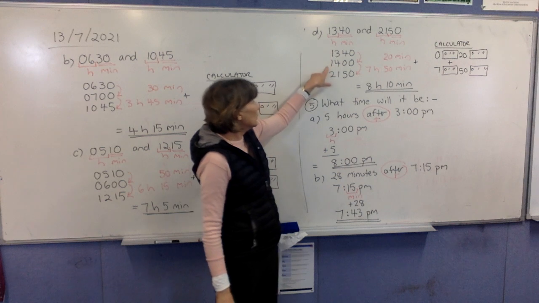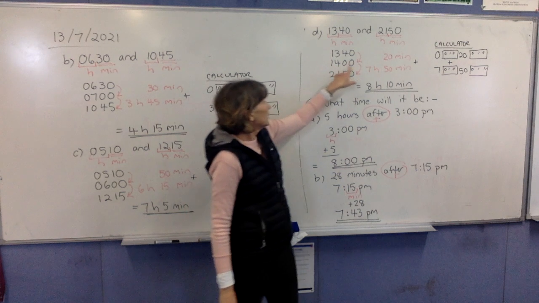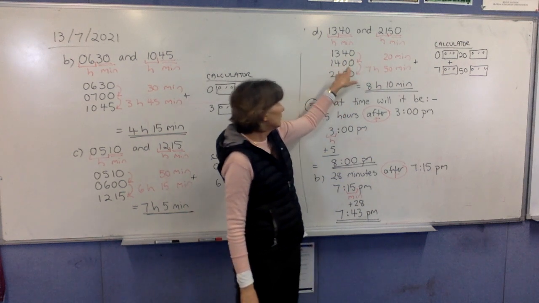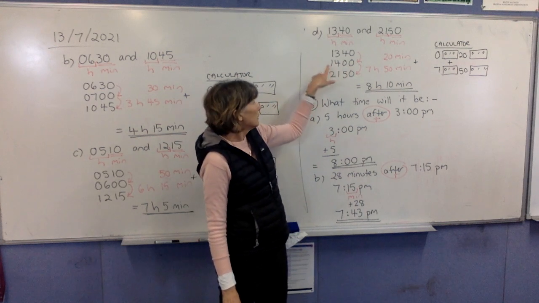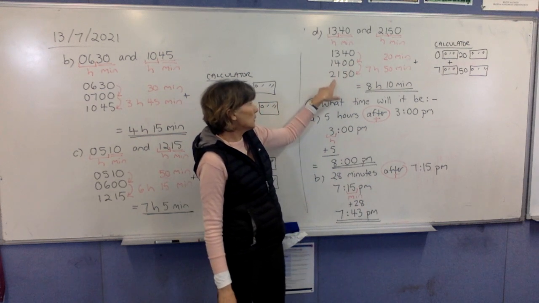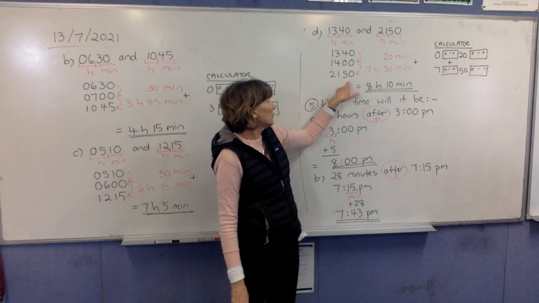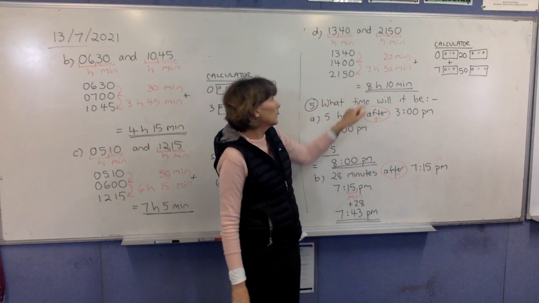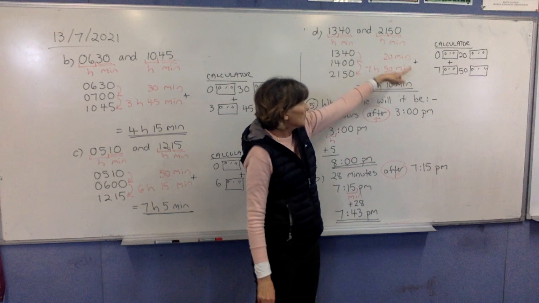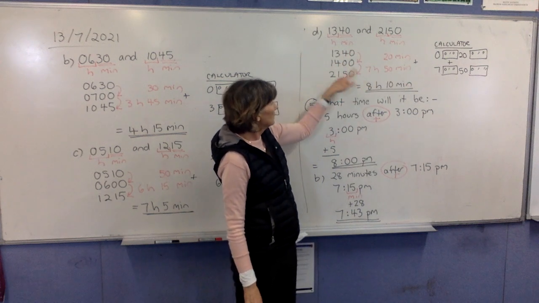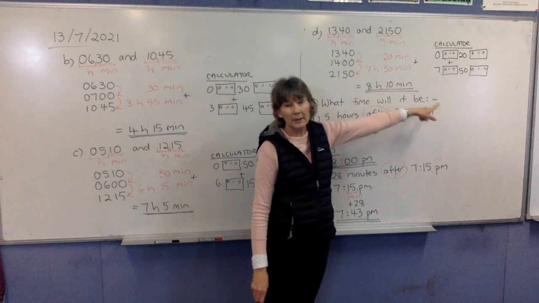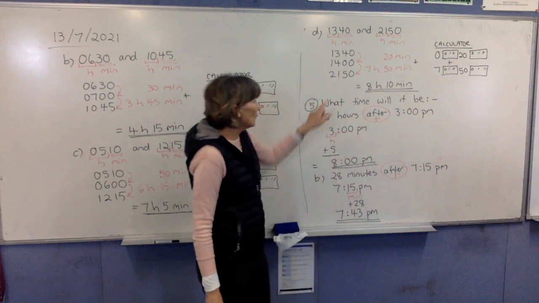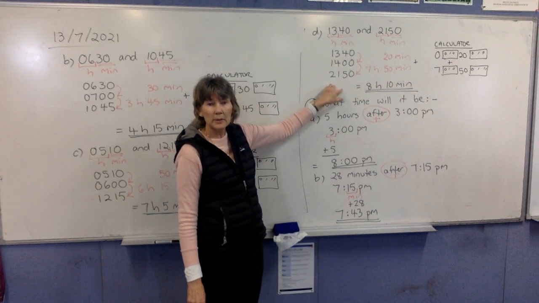So from 13:40 to 14:00 is 20 minutes. Then this last bit, from 14 to 21, that's 7 hours and 50 minutes. So we're going to add them on our calculator like we've been doing. 0 hours 20 minutes plus 7 hours 50 minutes, and you'll get your final answer of 8 hours and 10 minutes.